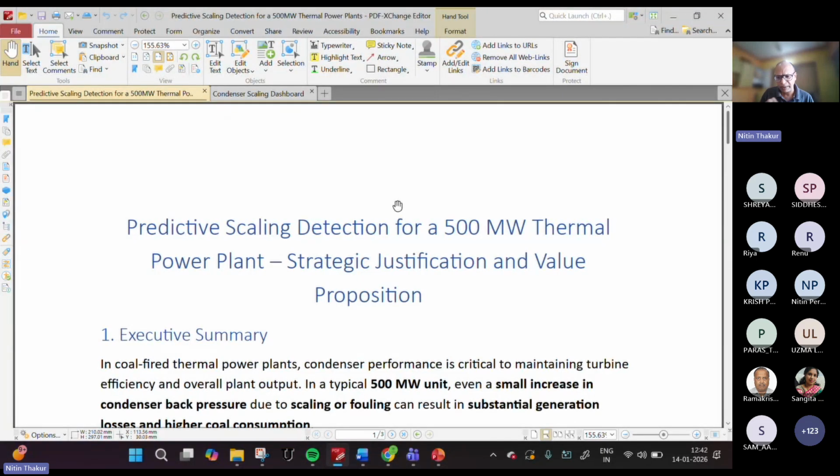They will face the penalty. And on the other side, if the condenser is really clean and they say with this much coal I can make even more power, let me make more power, they can't, because again there is a penalty if you overproduce the power.